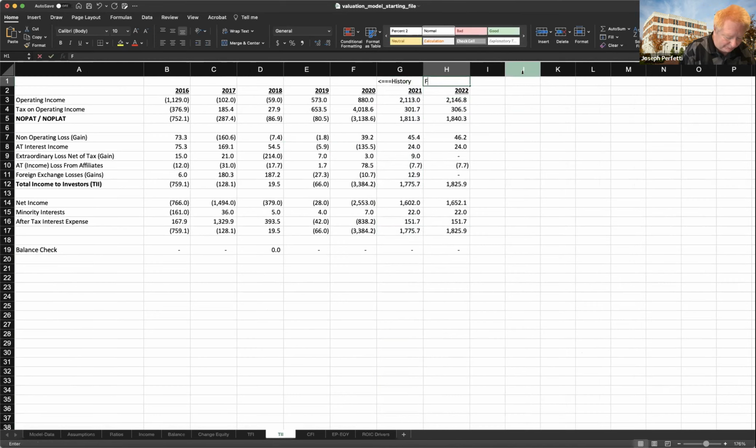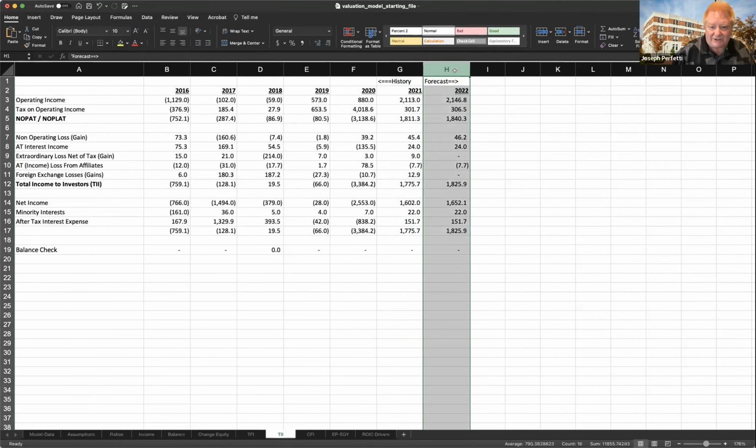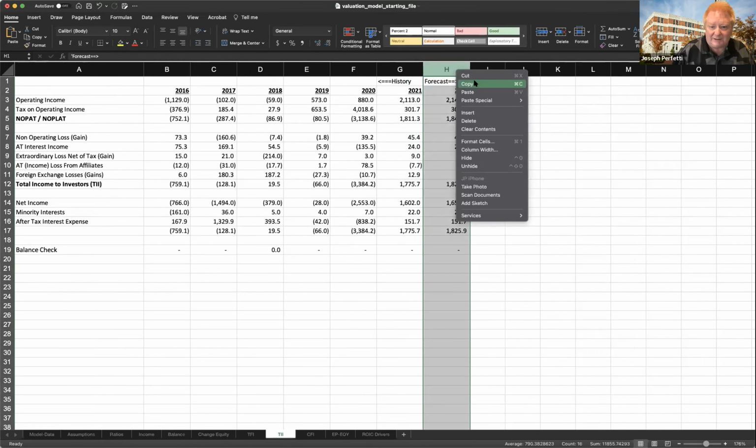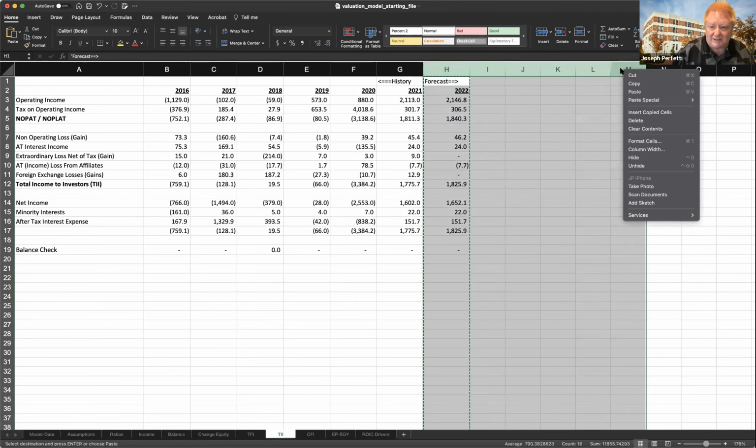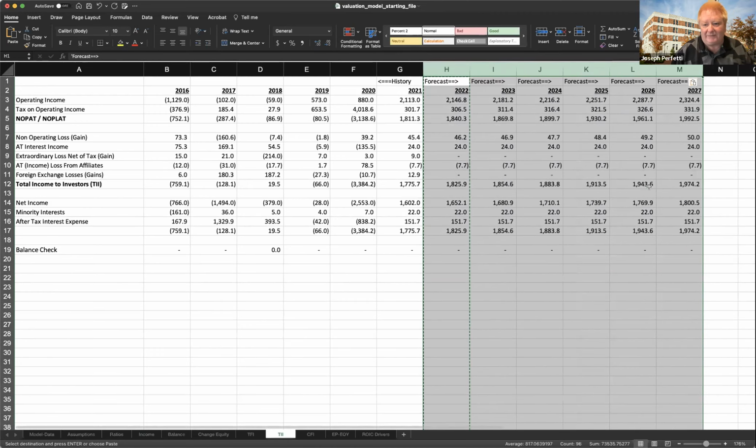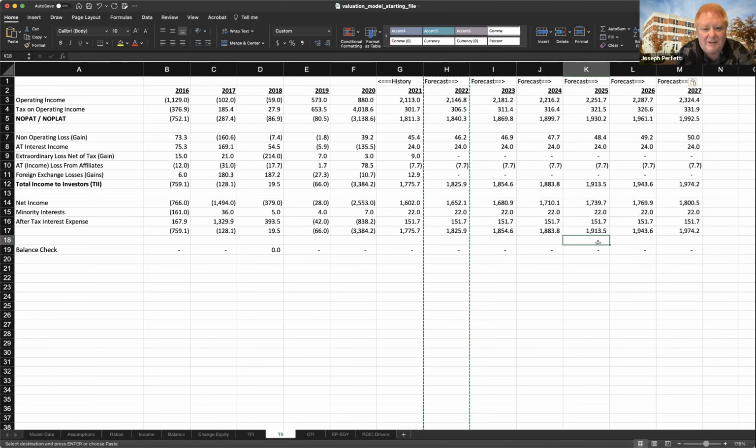This is now a forecast, so I'll flip this to remind myself. Then I'll take column H, select it, copy it, go to column M, paste it. I now have forecasted statements for Nokia of TII going through 2027.